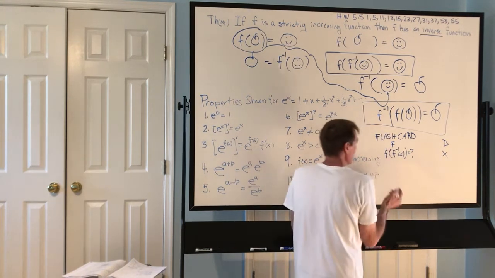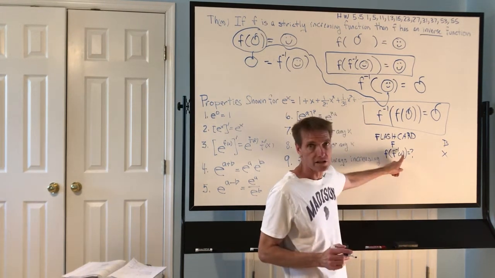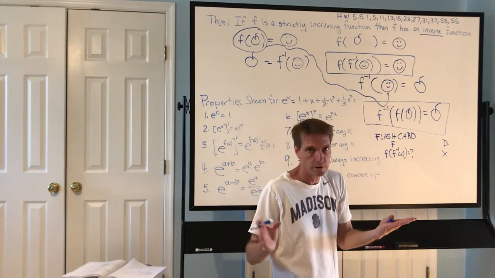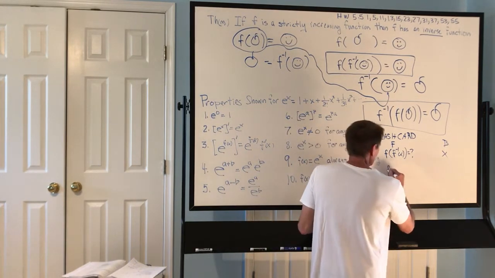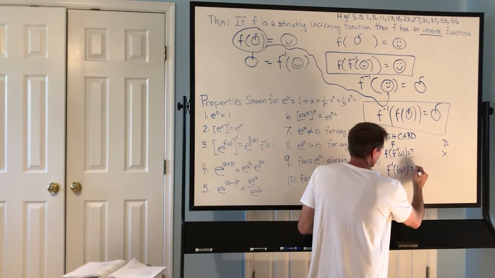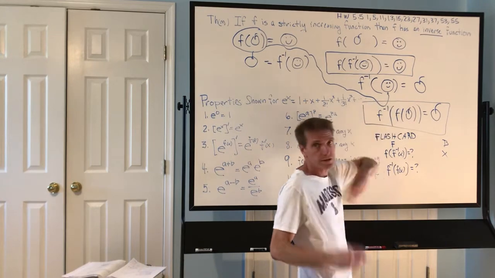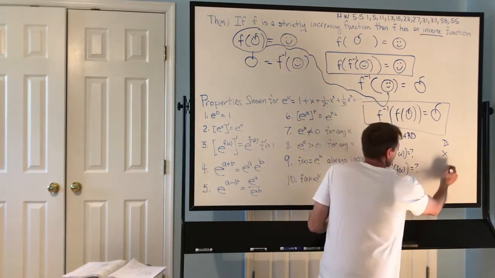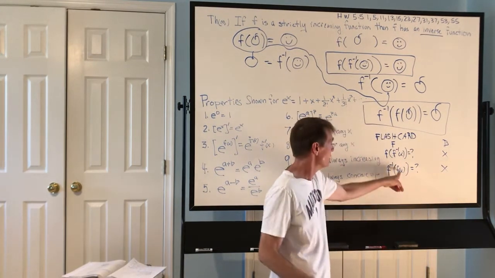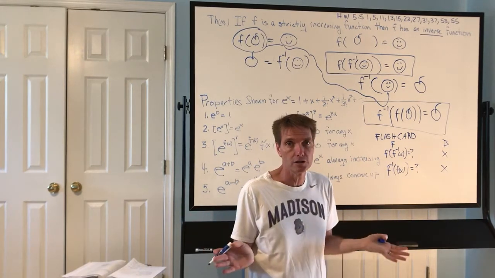And the other one is this. Now in this case, the x is coming from the domain of the inverse function. F inverse of f of x is also x. But in this case, the x is coming from the domain of the original function.